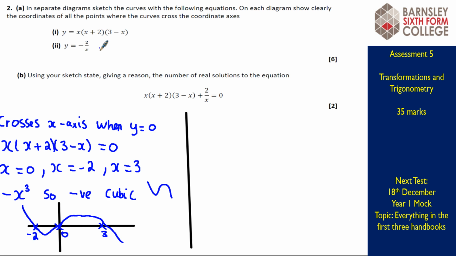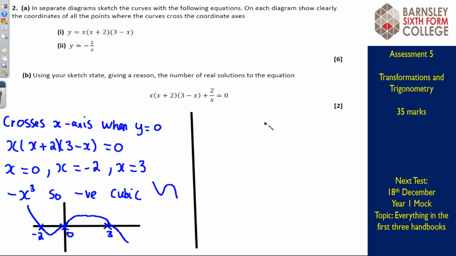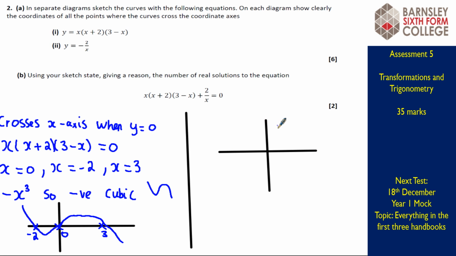We're going to draw the graph of y equals -2 over x. And this is just the shape that we need to learn. Okay? So you just need to make sure that you have learned what this shape is going to be. So if we were drawing 2 over x, you'd be drawing the graph in this quadrant here and this quadrant here.